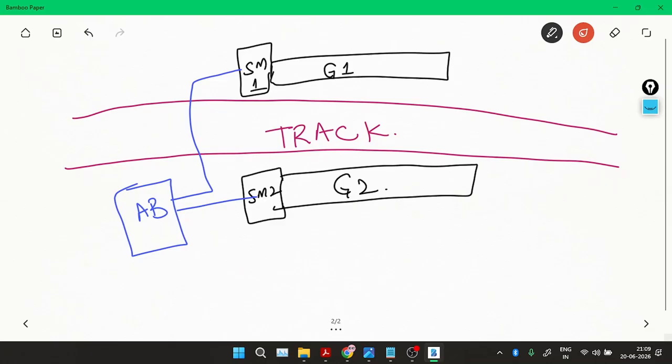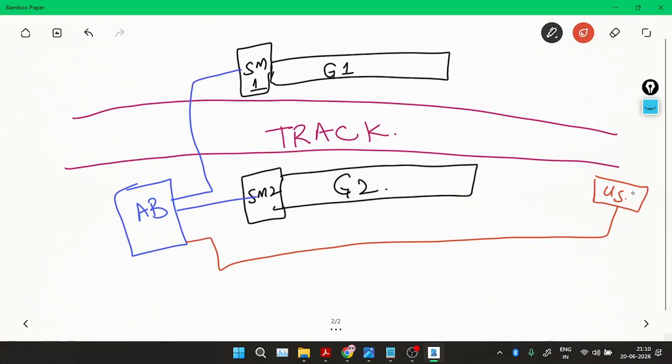I'm going to place it somewhere far from the gates, because the train will be traveling with some speed, and if it is too close to the gates, the ultrasonic sensor will sense the signal quickly and send it to the Arduino board. But the Arduino board will send some signals to these servo motors, and these motors will take some time to react. During that time, if someone crosses these gates, it will be very risky.